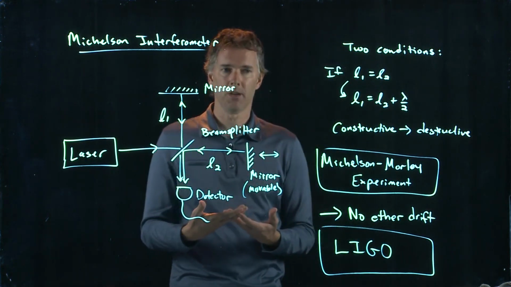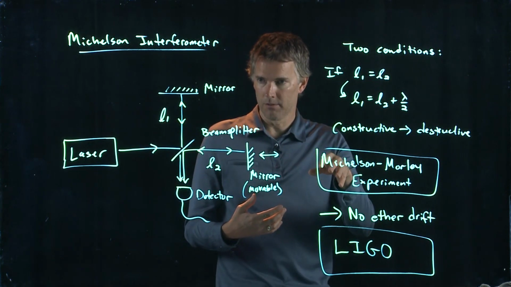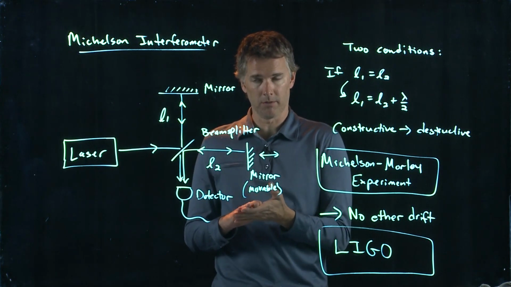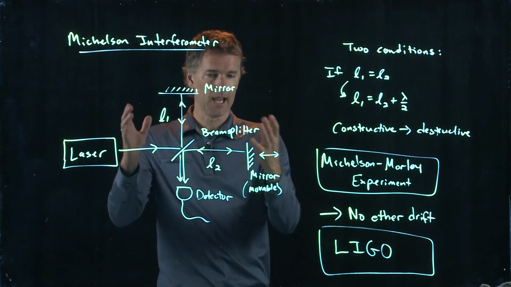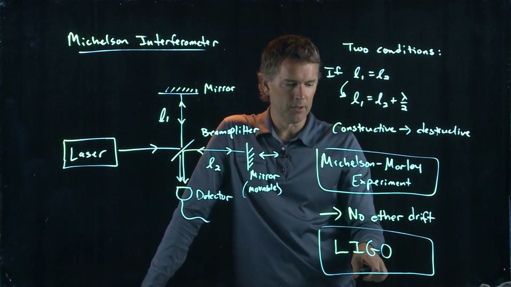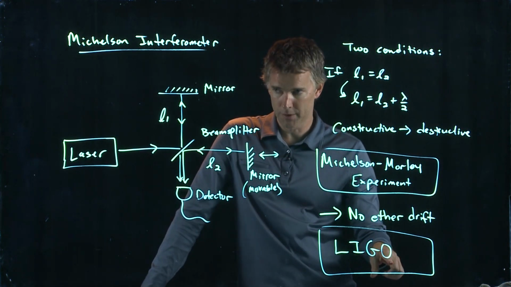One of Einstein's predictions was there should be gravity waves that are propagating through space. Not electromagnetic waves, not acoustic waves, something else entirely called gravity waves. And LIGO is a pair of these giant Michelson interferometers, and LIGO stands for the Laser Interferometric Gravitational Observatory.